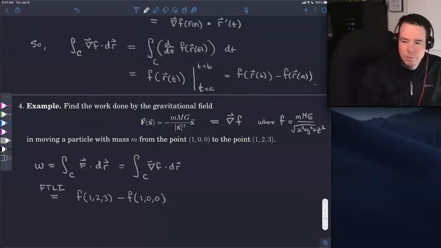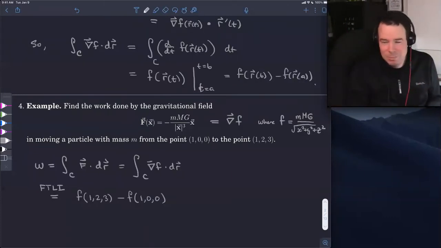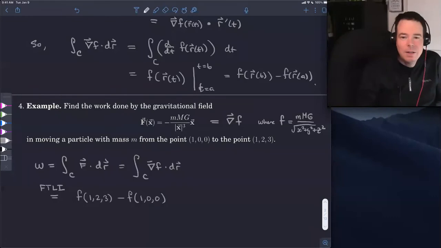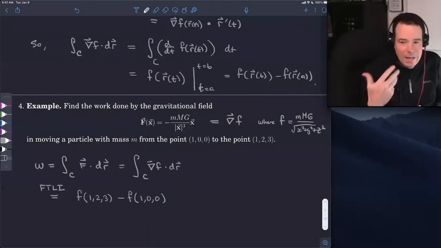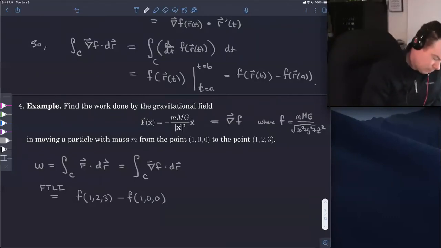And so there we go. I'm going to put antiderivative in quotes, because it's not an antiderivative, but it's noticing that the vector field was the gradient of a potential function. So we can evaluate the integral by just using the gradient function at the endpoints.